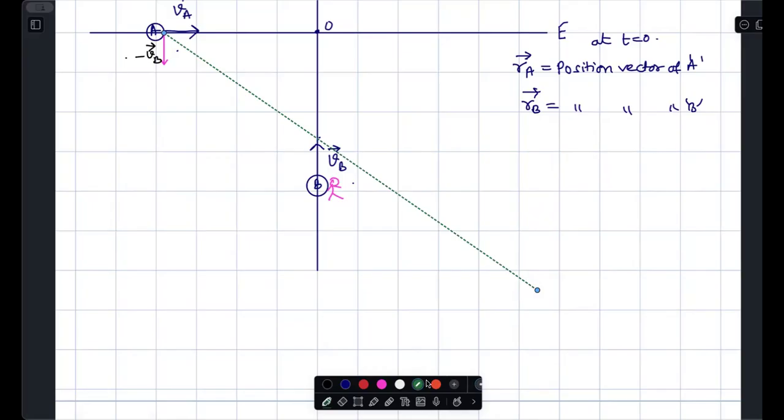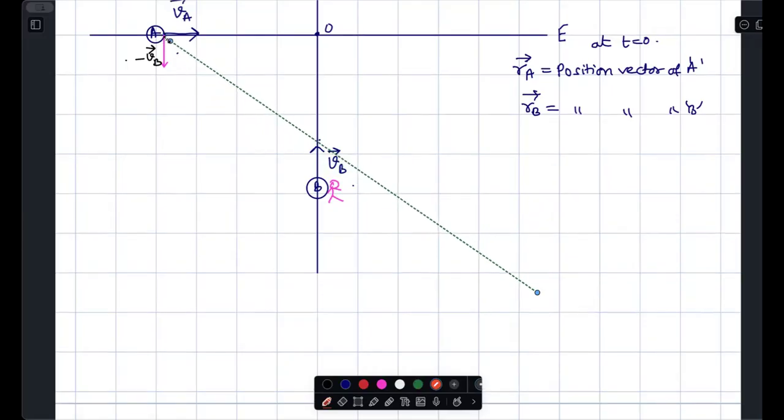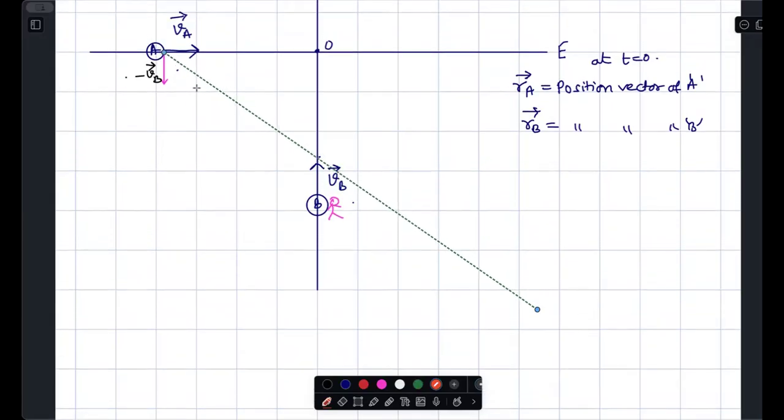Another possibility is A may move like this also, hitting B. This is also one possibility. I'll explain everything in detail, don't worry.